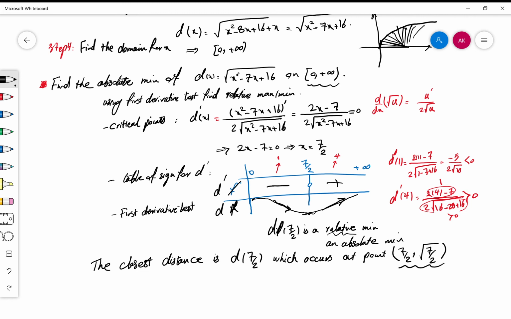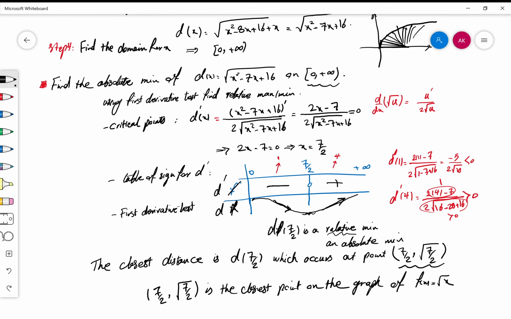So this is the point which is closest to the point (4, 0). So (7/2, √(7/2)) is the closest point on the graph of f of x equal to √x to the point (4, 0).